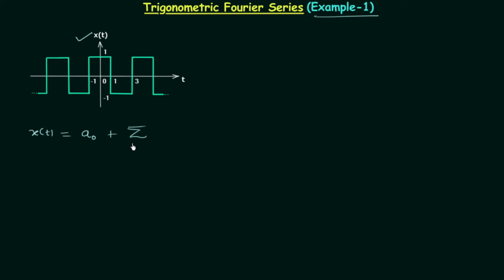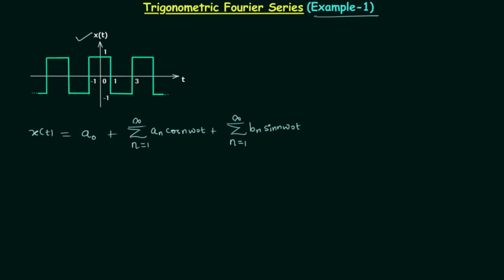So we have summation n equal to 1 to infinity a sub n, which is the Fourier coefficient, cos n omega naught t, plus all the sine terms, so n equal to 1 to infinity b sub n, which is another Fourier coefficient, multiplied by sine n omega naught t. So this is the expansion, and now we will analyze the given signal.